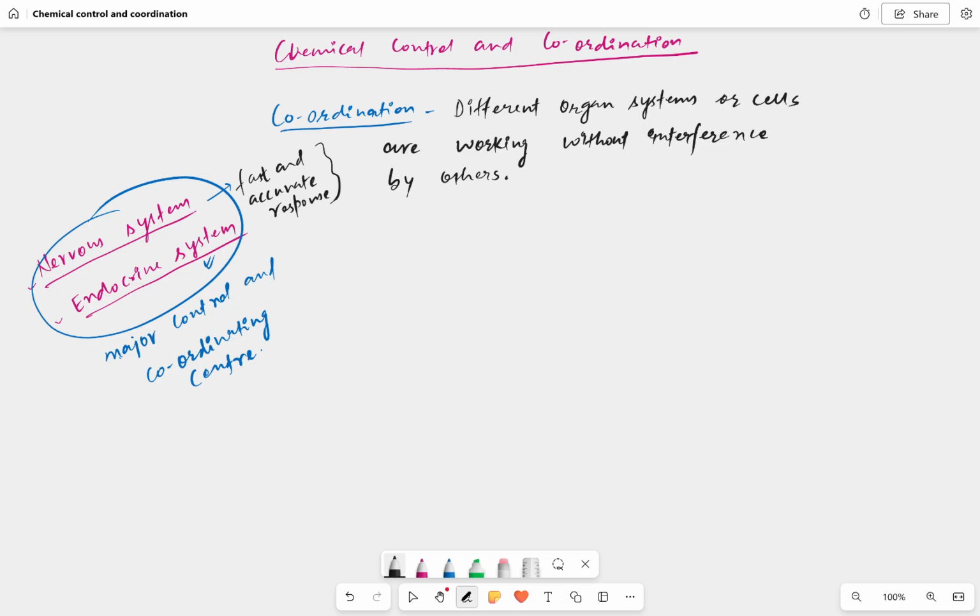Right now we are only concerned with the endocrine system, another coordinating center of the body.